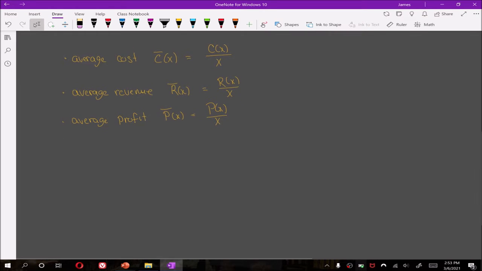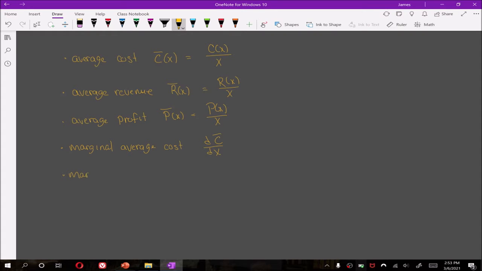Well, we also have marginal functions for these. So we can have a marginal average cost, which is just dC bar with respect to x, so the derivative of the average cost.